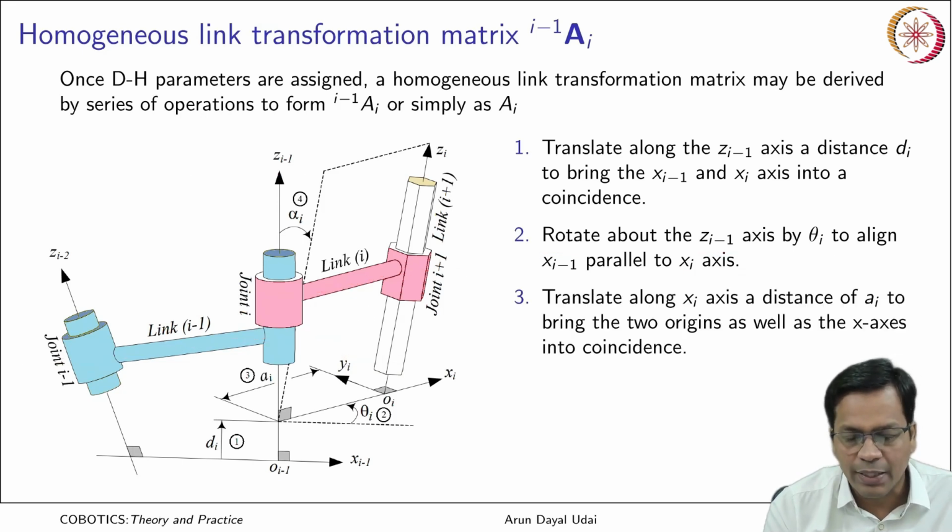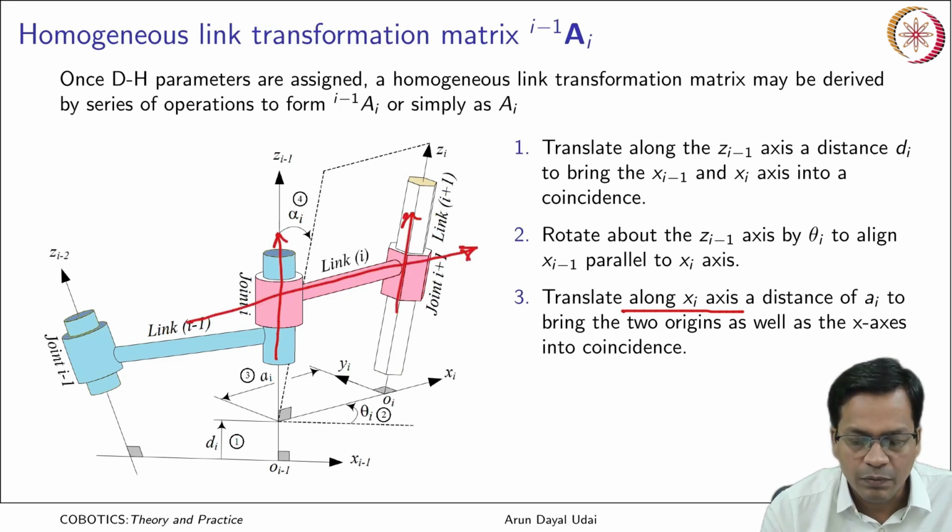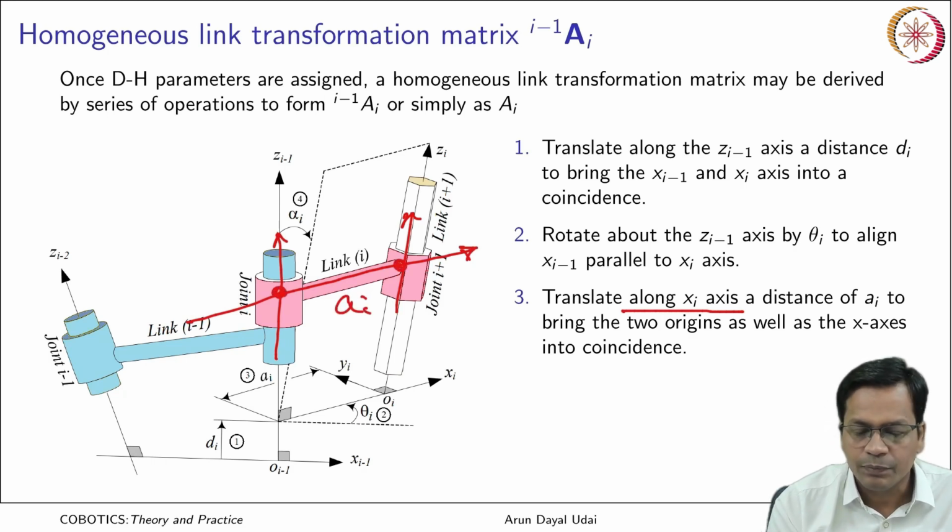The third one is translation along the xi axis. If this is your zi minus 1, this is your zi, this is the distance. From here to here is the link length ai, which is measured along the xi axis. So, that is translation along the xi axis by a distance ai.